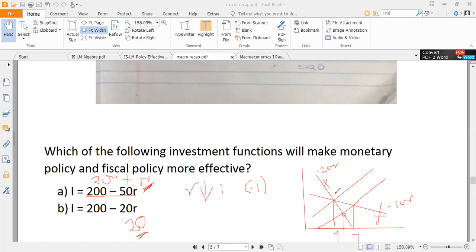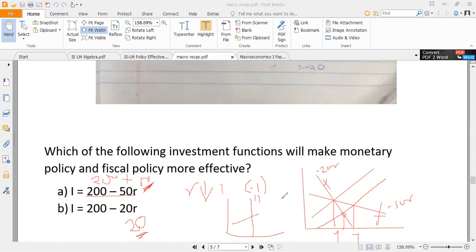Whether you increase or decrease money supply, there will be no change in your income. This is what I'm talking about. If the IS curve is like this, which means that investment is totally insensitive to changes in interest rate, this will be your IS curve.